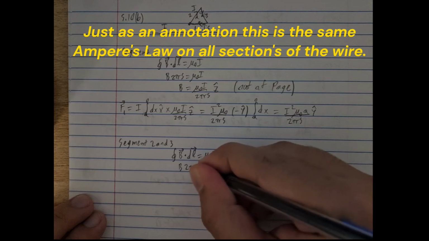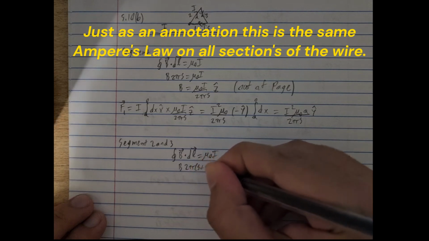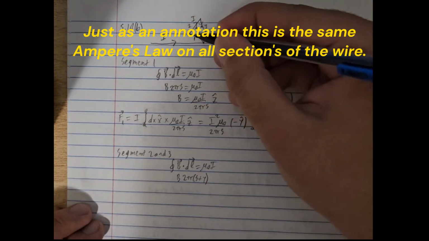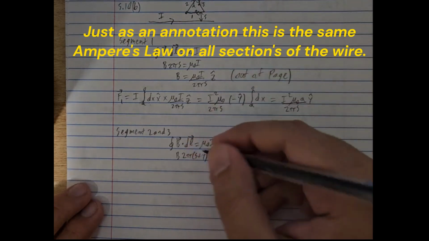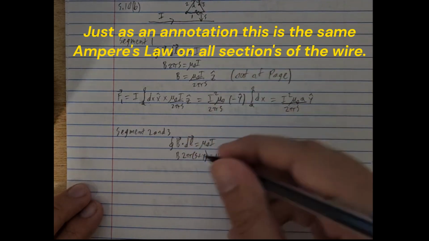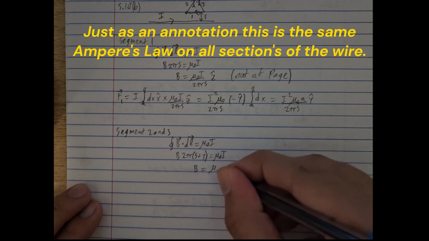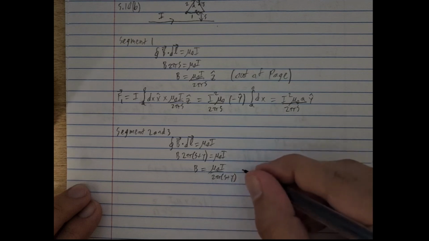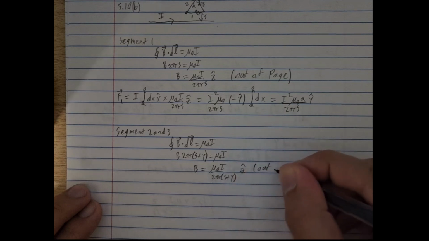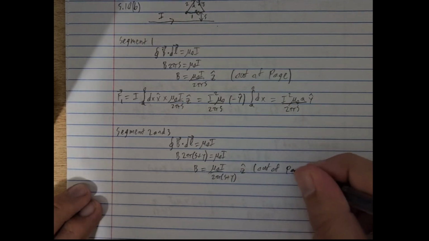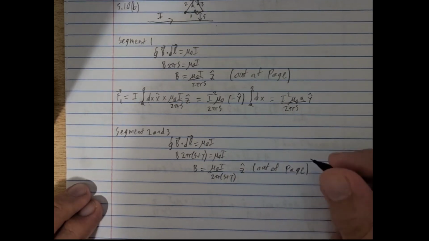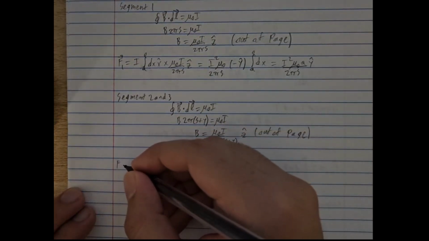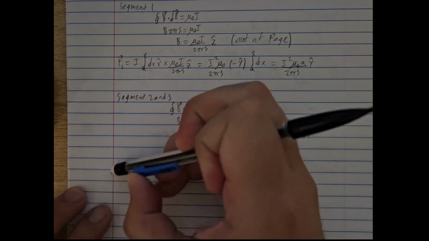B times 2 pi (s plus y), since it's going to be a variable distance from this wire, is equal to mu naught I, leaving us with mu naught I over 2 pi (s plus y), z hat direction, out of page. Now we can find the force.